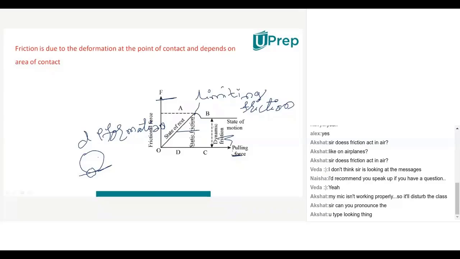When it's a punctured tire, when the tire is touching the surface, you can see some deformation. That means some change will be there in the shape of that tire.